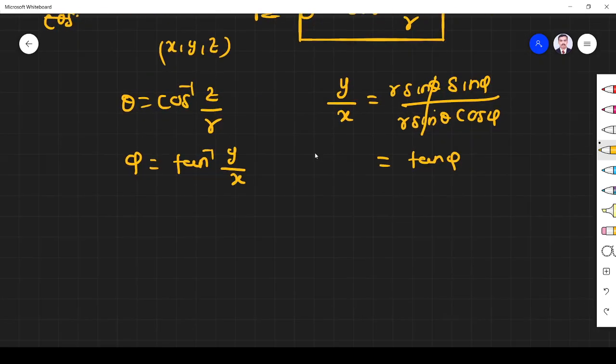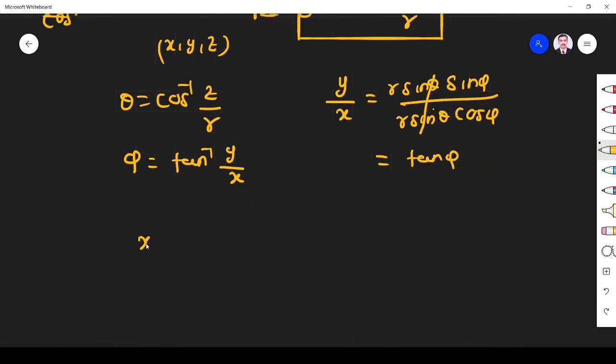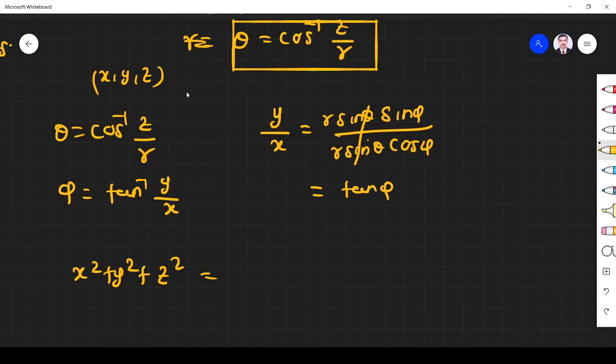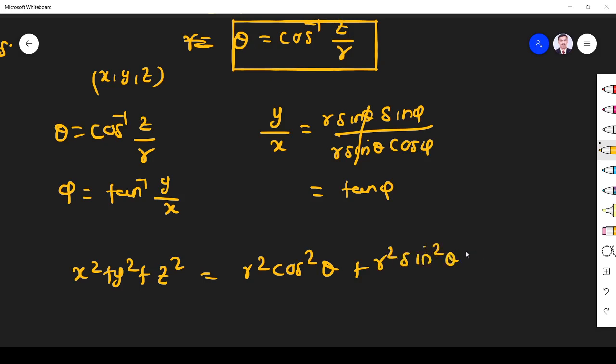Next we find x squared plus y squared plus z squared. X is equal to r sine theta cos phi, so x squared is r squared sine squared theta cos squared phi. Y squared is r squared sine squared theta sine squared phi. Z is equal to r cos theta, so z squared is r squared cos squared theta.